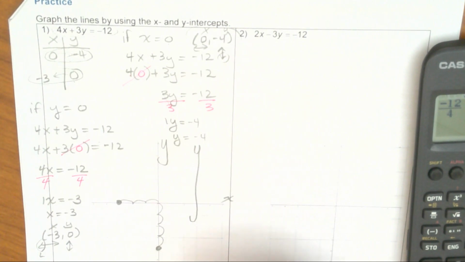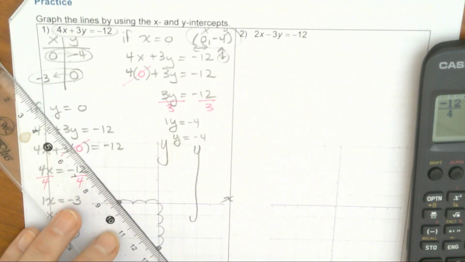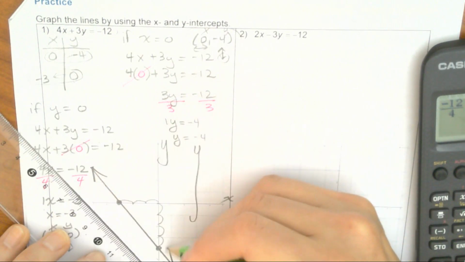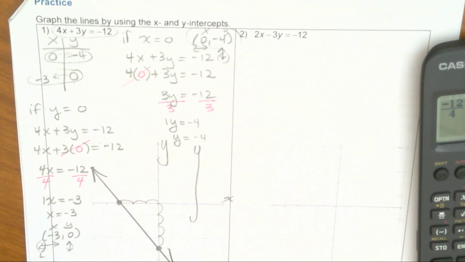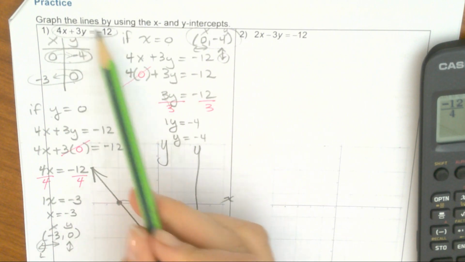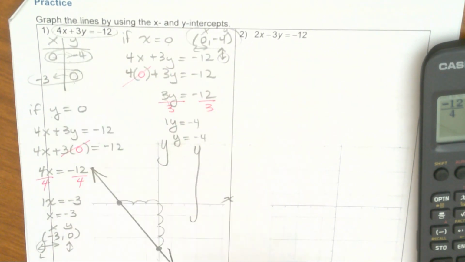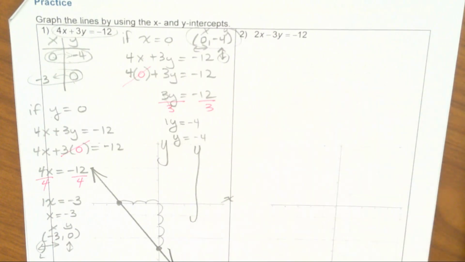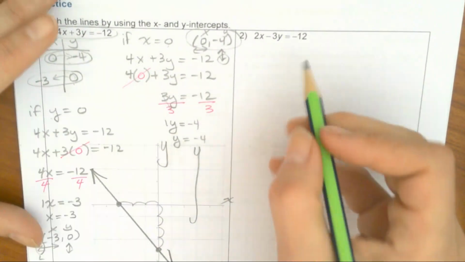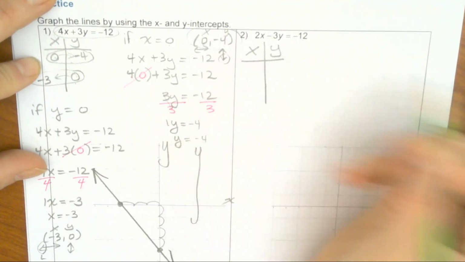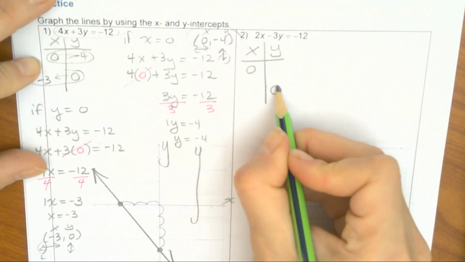So now I have 2 points, my x and y-intercept, and I just connect them with a line. So I graph the lines using the x and y-intercept. There's my x and y-intercept. Let's do another one. Let's do this one. So I just make a table of values if this is 0 and if this is 0.